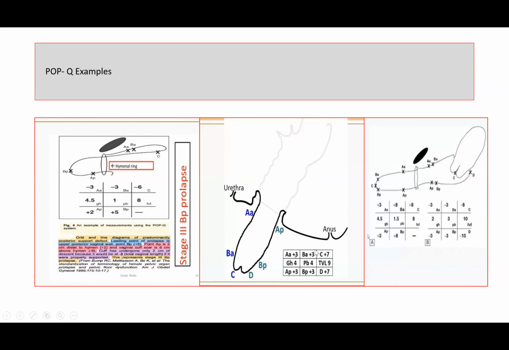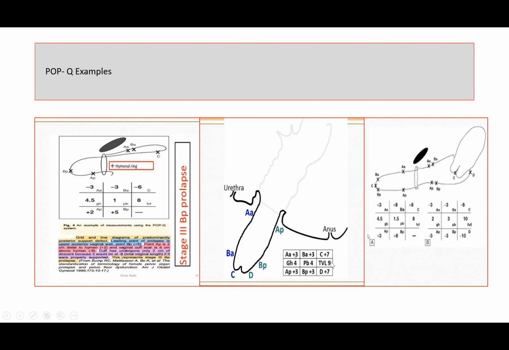In the anterior vaginal wall, the values are plus 3, plus 3, plus 7. Whenever you see such plus values, just think that it could be either stage 3 or stage 4 prolapse. So for AA in the anterior vaginal wall, stage 3 prolapse is more than plus 1 up to less than total vaginal length minus 2.